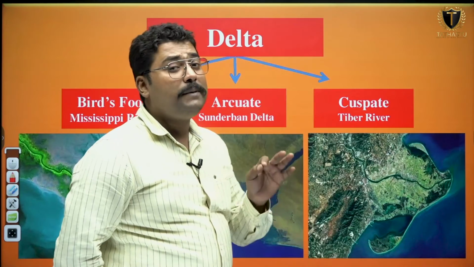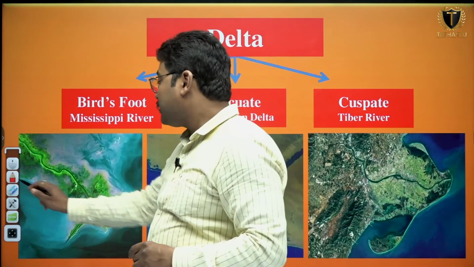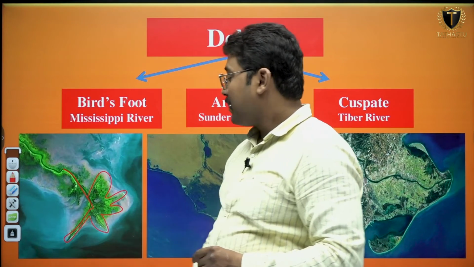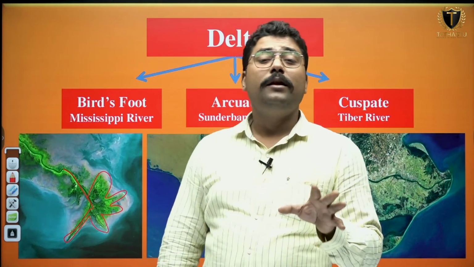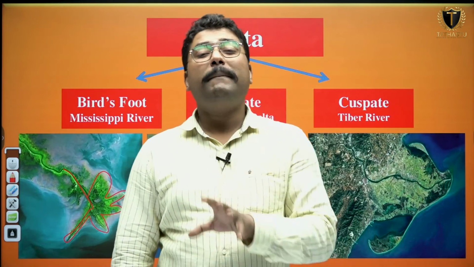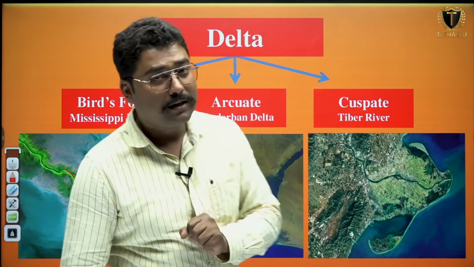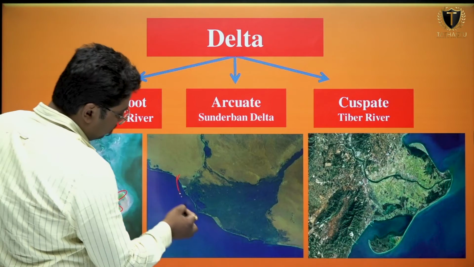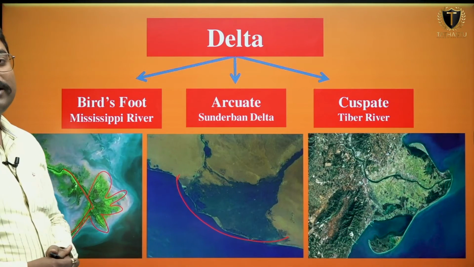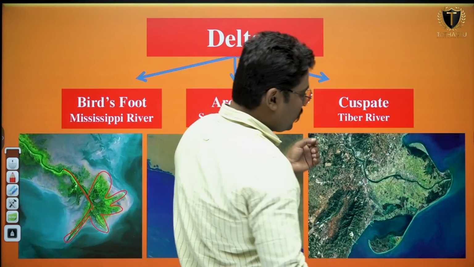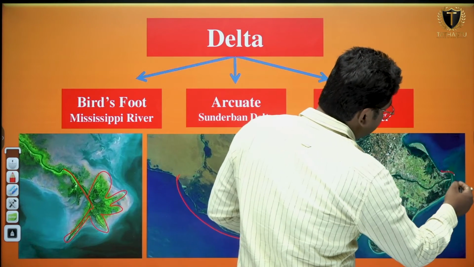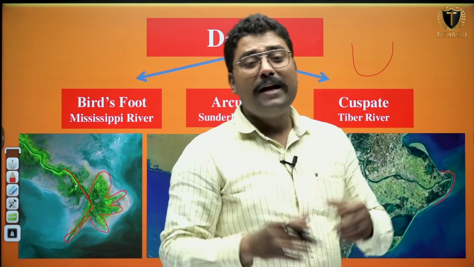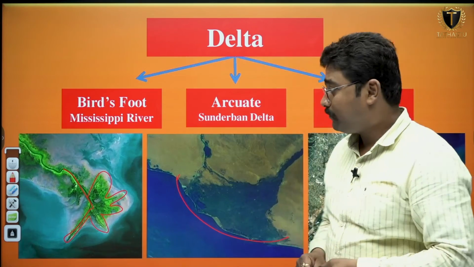Bird's foot delta means the deposition of sediments will take place just like the foot of a bird, like this, and the example is the most famous river of North America, Mississippi River. Arcuate delta, the deposition will take place in a half moon shape, like the Sundarban delta, and the cusped delta means you can say jaw shape like this, and that is the Tiber River.